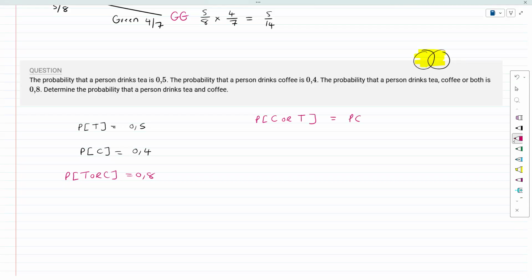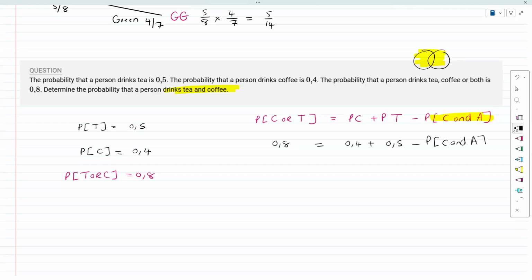It equals the probability of coffee plus the probability of tea minus the probability of coffee and tea. Now, guys, they want us to calculate this, tea and coffee. And I think it's quite simple because we can work with 0.8 as tea or coffee, which equals the probability of coffee, which is 0.4, plus the probability of tea, which is 0.5, minus the probability of coffee and tea.